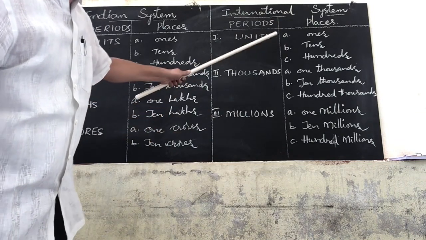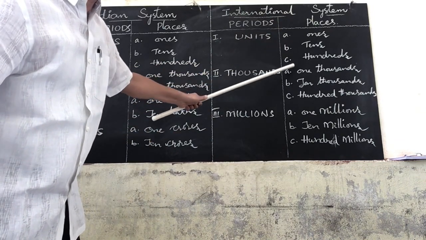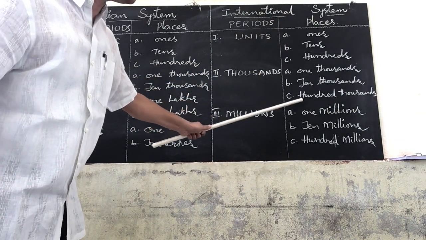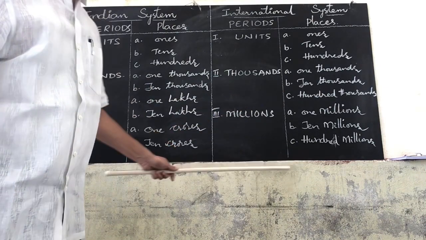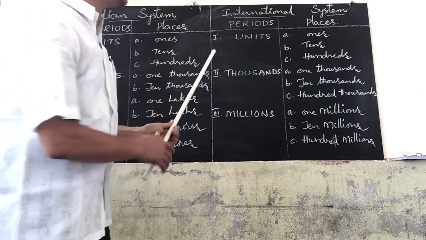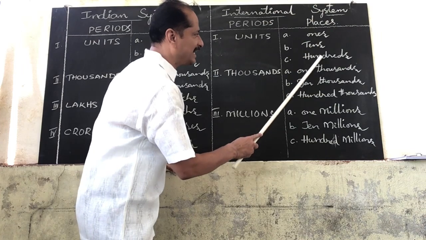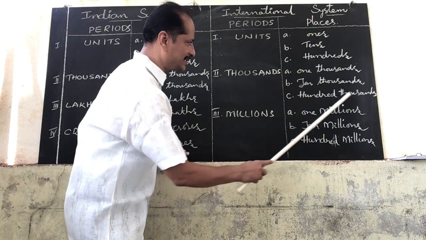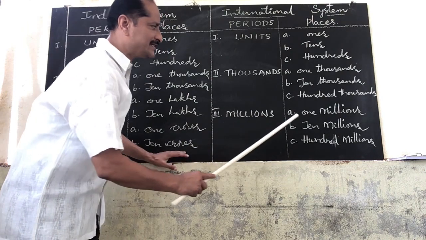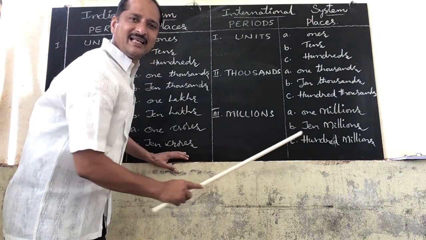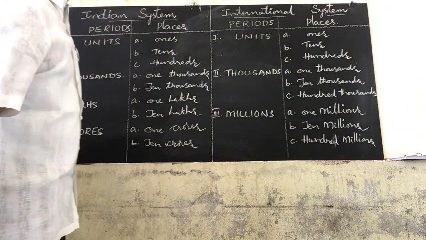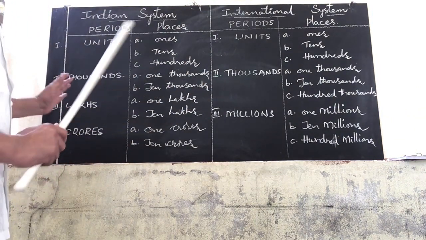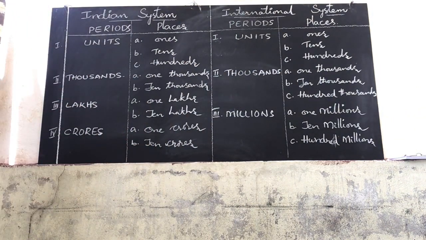Each period contains 3 places: units period ones, tens, hundreds; thousands period 1000, 10,000, 100,000; and millions period 1 million, 10 millions, 100 millions. So this is the difference between the Indian system and the international system of numeration.